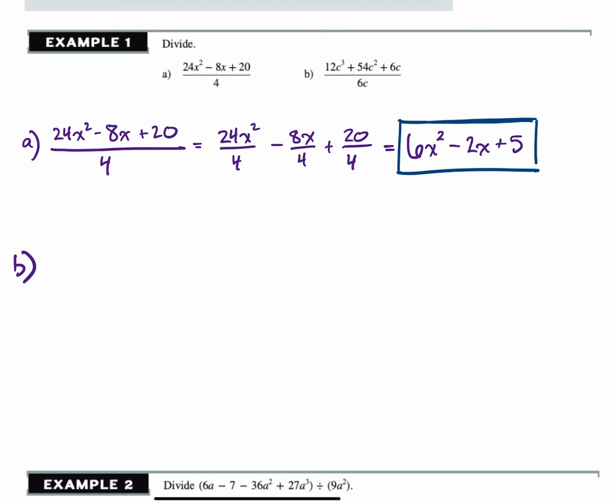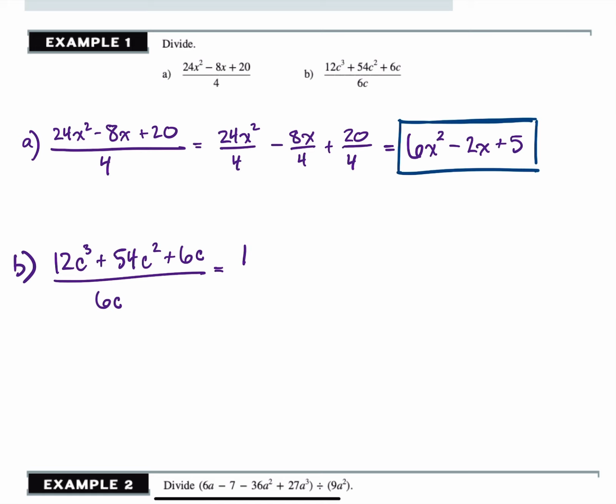Part B introduces a variable in the denominator, so we'll just have to think about how things will simplify. So we have 12c cubed plus 54c squared plus 6c, all divided by 6c. So let's use this same process.